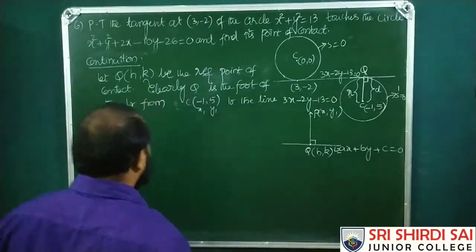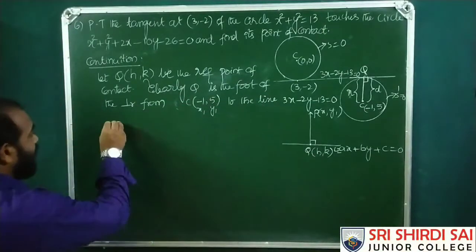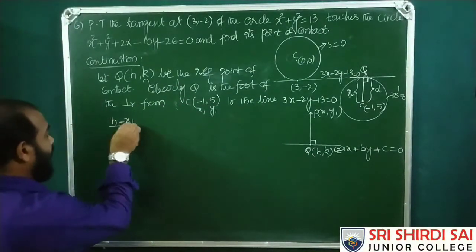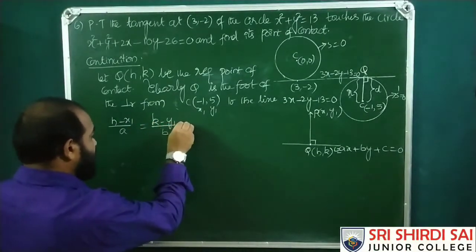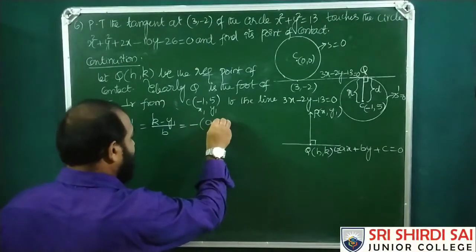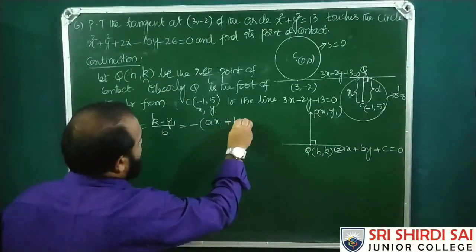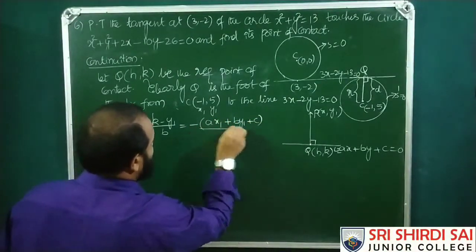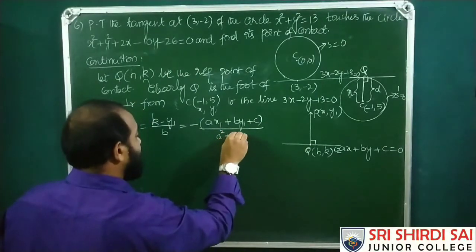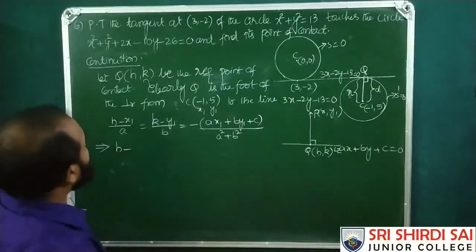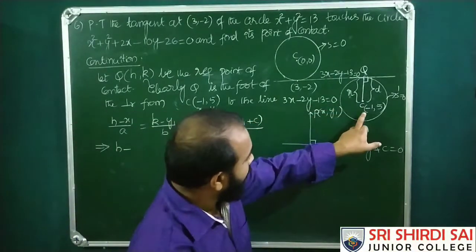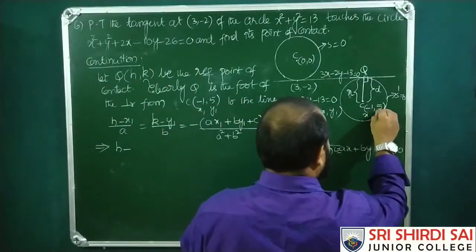The foot of the perpendicular formula is (h - x1)/a = (k - y1)/b = -(ax1 + by1 + c)/(a square plus b square).